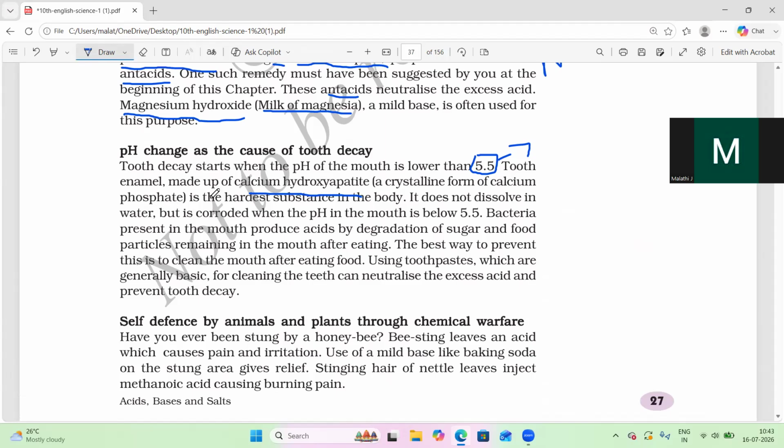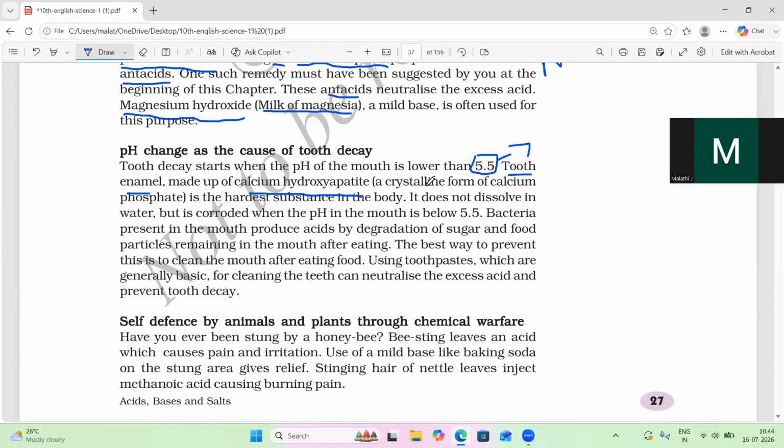Tooth enamel protects our teeth as the outermost layer. When the pH value in our mouth decreases, more acids are released, and the tooth enamel decays.